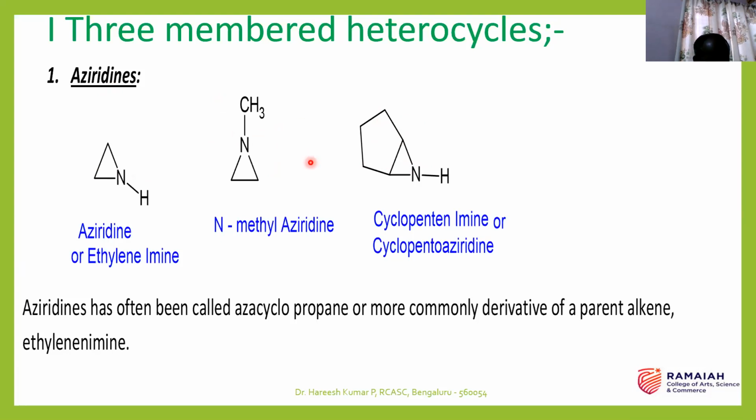So here, what you can find is a 3-membered ring with nitrogen as the heteroatom. Such compounds are said to be aziridines. What you can see is that this is one aziridine.